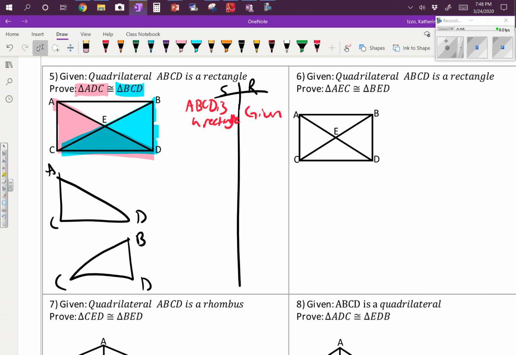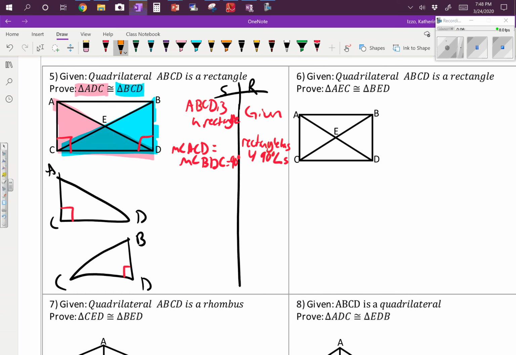If you stick with a pure rectangle, you say 90-degree angles. A rectangle has 4 90-degree angles. So the 90-degree angles that we care about would be here and here. So measure of angle ACD equals measure of angle BDC equals 90.